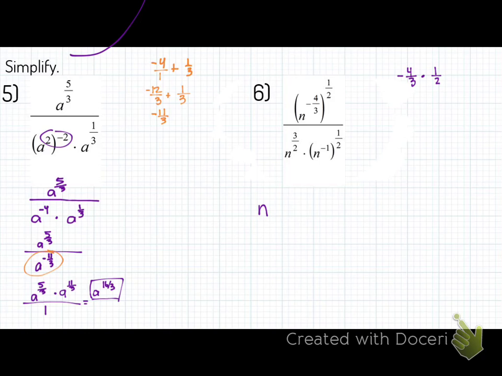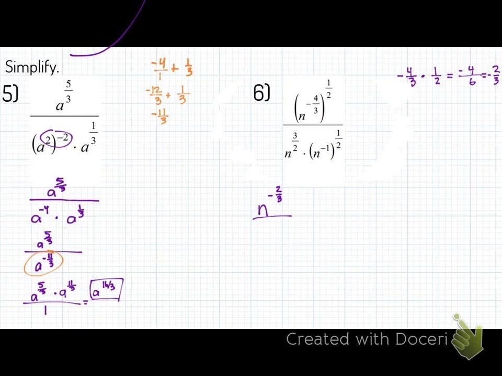Negative 4 over 6, good, which is like saying negative 2/3, right? So we're going to bring that there. Okay, now let's talk about that denominator. We could simplify some of that. We got n to the 3/2 and n to the negative 1 to the 1/2.